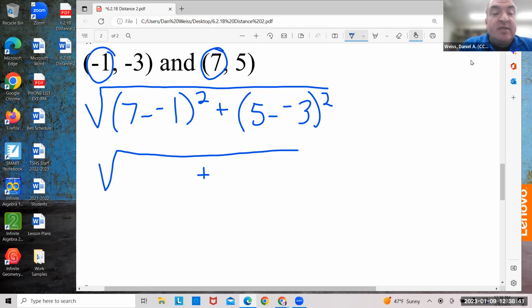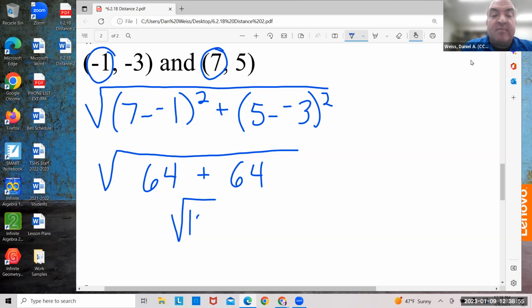7 minus -1 is 8. 8 squared is 64. 5 minus -3 is 8. And 8 squared is 64. 64 plus 64 is 128. Now, what perfect square goes into 128?